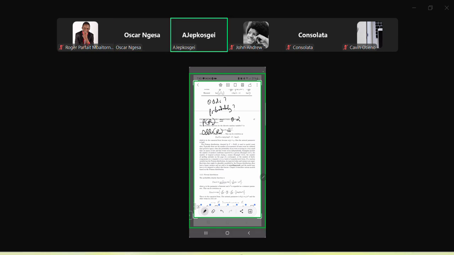Steve? Yes, I'm here. To get the odds of something happening, you take the probability of that thing happening, divide by the probability of it not happening. Is that okay? Yes. If the probability of it raining tomorrow is 0.2, what are the odds of it raining tomorrow?